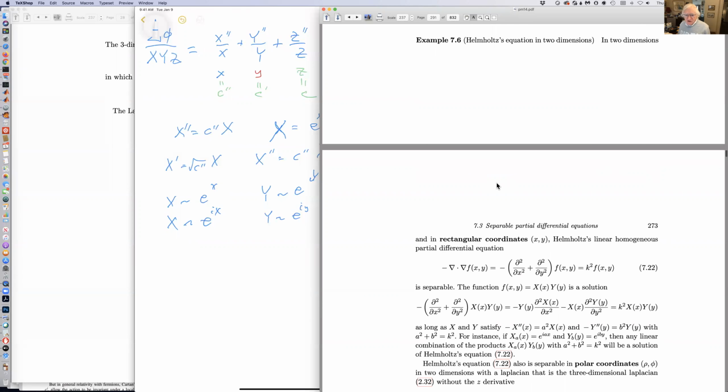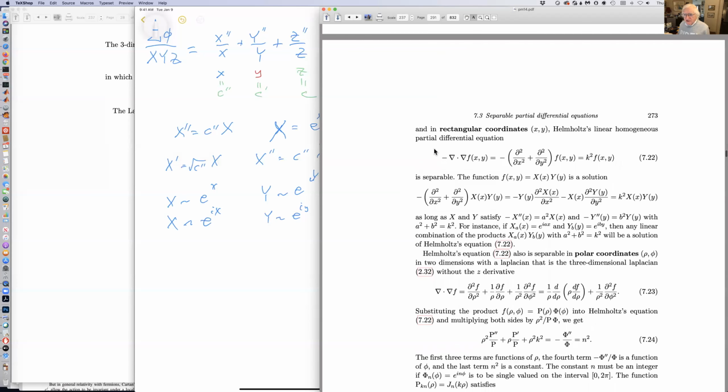Another common equation is Helmholtz's equation. And if we're in 2 dimensions, rectangular coordinates, it looks like this. And so once again, we do something similar to what I showed over here. Namely, we just write f of x, y as capital X of x and capital Y of y.